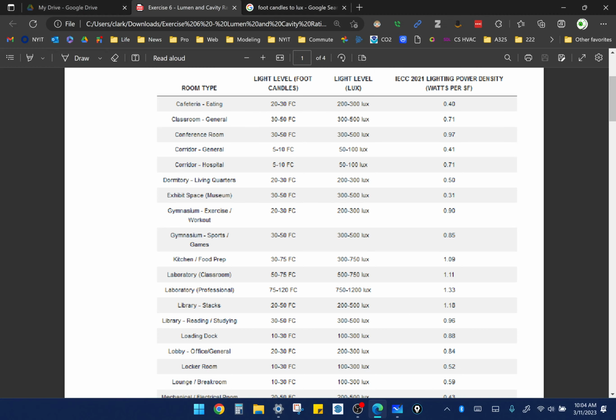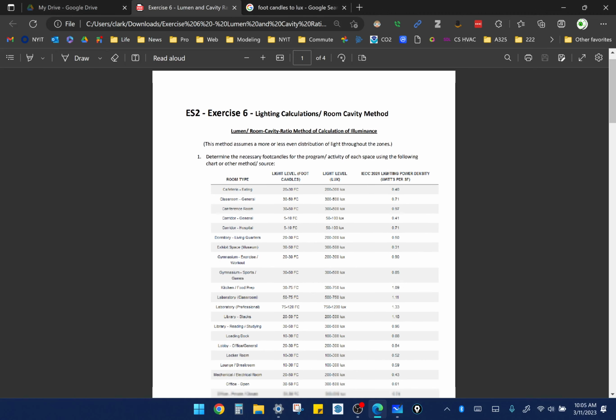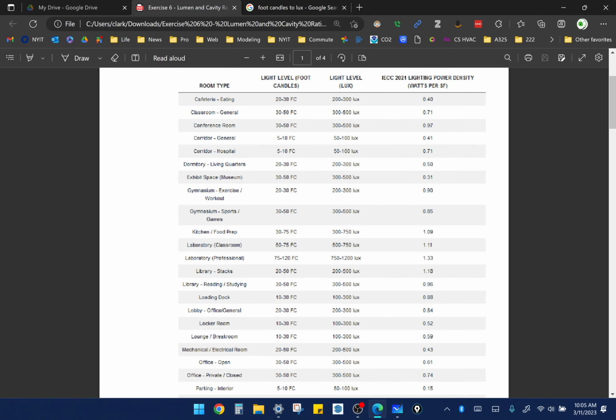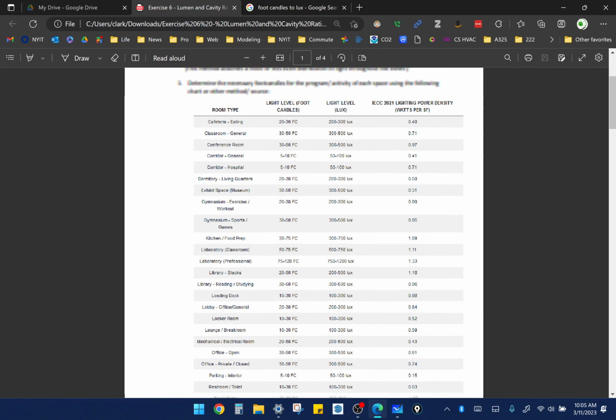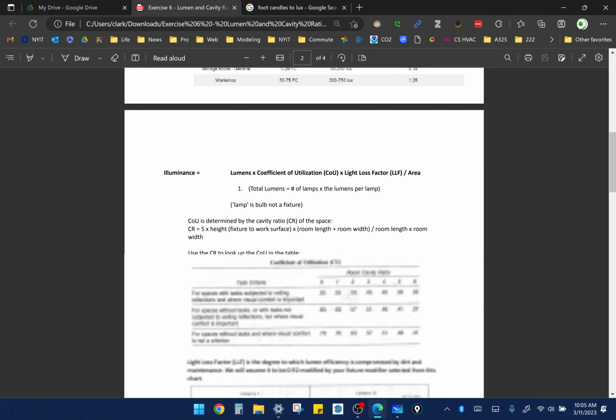So if we come back to our assignment document, we now know that light level is illumination. It's how much light is hitting our task surface, which could be a floor, it could be a table. So it's determined by the space itself. We can look that up in this chart. So now we know how much light we want illuminating our task surface.